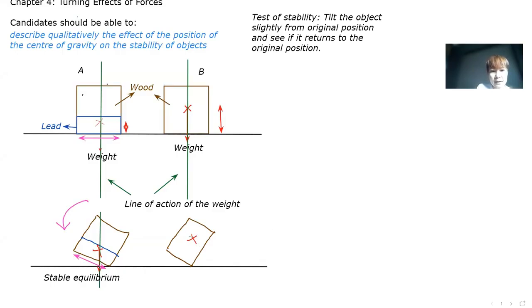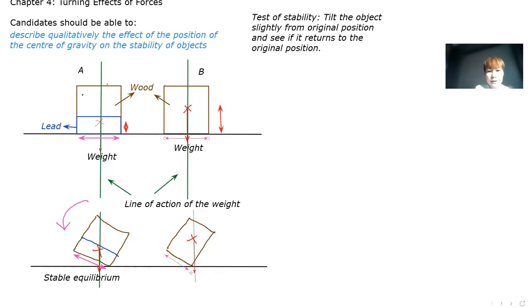Again, when object B is being tilted, the center of gravity doesn't change, but because it's higher up, you draw in the weight. This is the weight, but you realize that the line of action of this weight, which is indicated by green, is now outside the base area. Remember, this is the base area. So when the center of gravity is higher and you tilt the object, the line of action of weight in green will lie outside the base.